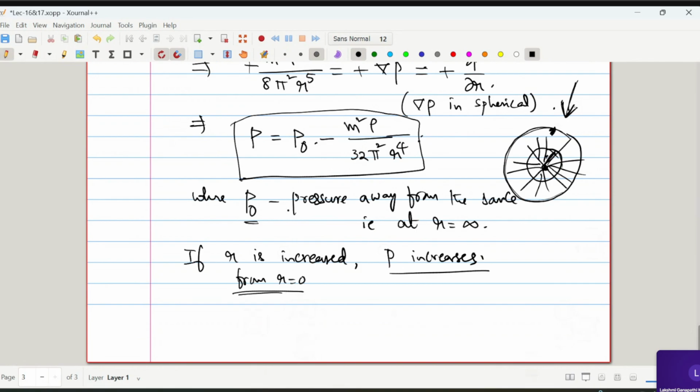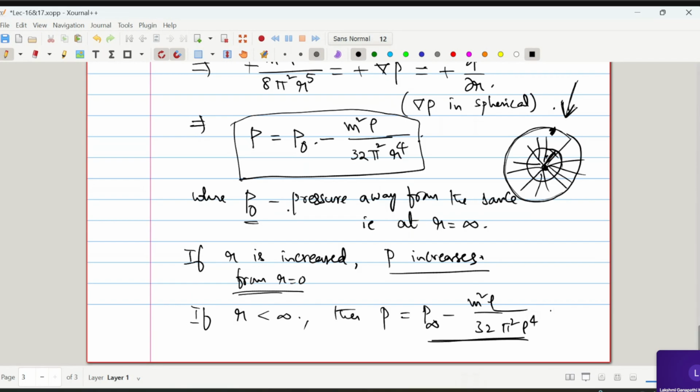Is it fine? This is a tricky way I'm writing, but this is the same as, if R is finite, then P is basically P at infinity minus m squared rho by 32 pi squared R to the power 4. We're writing the same thing.